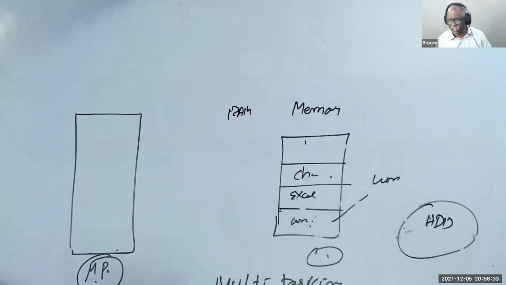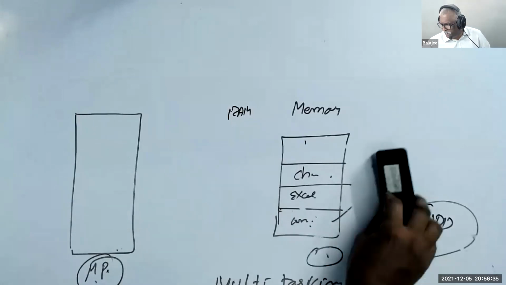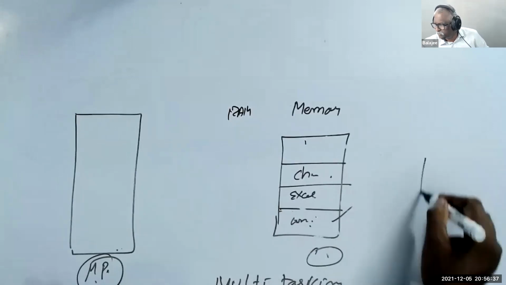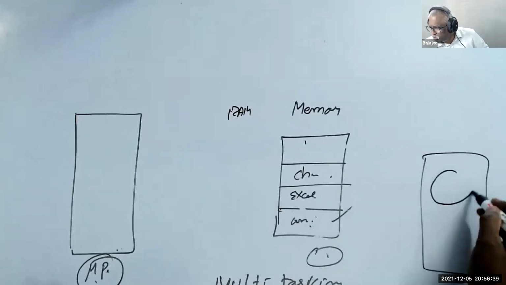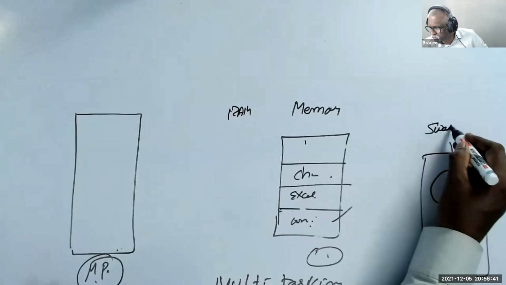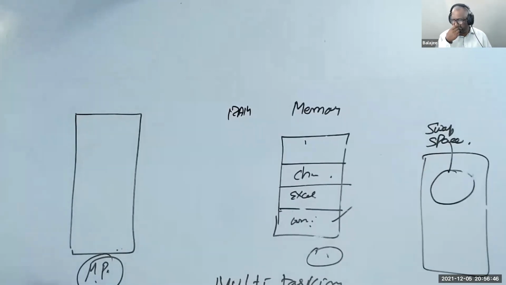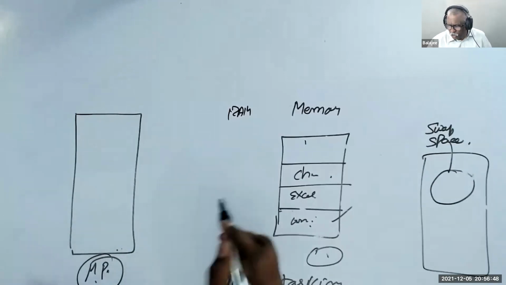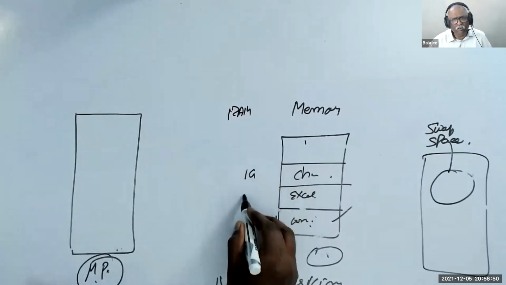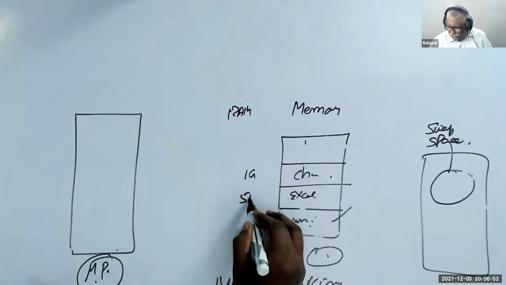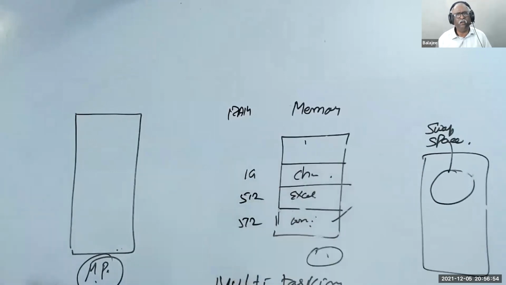So what we have done is, we have created a space in the hard disk called swap space. Let us assume this guy occupies 1G, this guy 512, another 512, whatever it is.